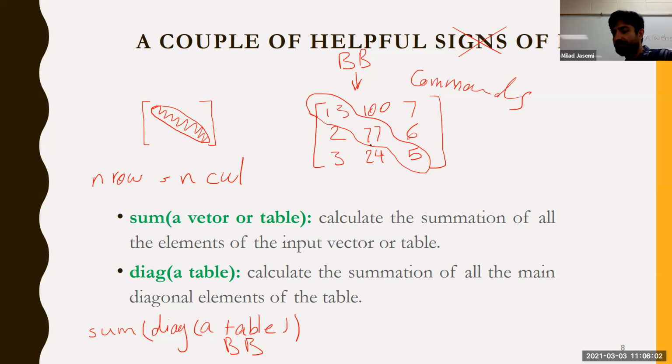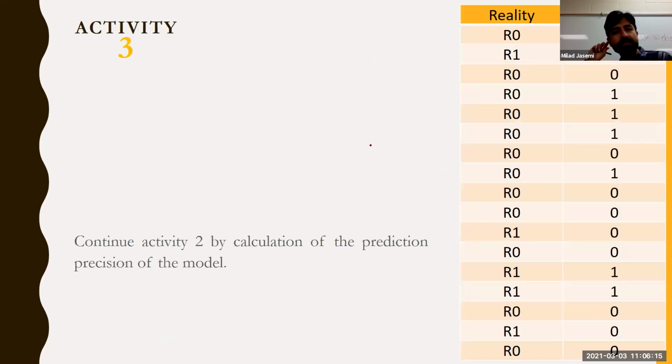And it's very helpful, especially when you are working with tables of big size. So now you know these two things, and here you are asked to do this activity. It asks you to continue activity 2 by calculating the prediction precision of the model.